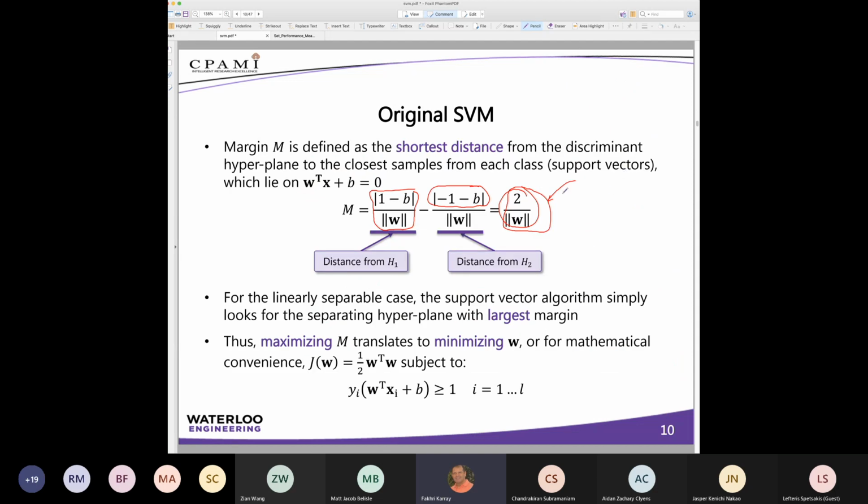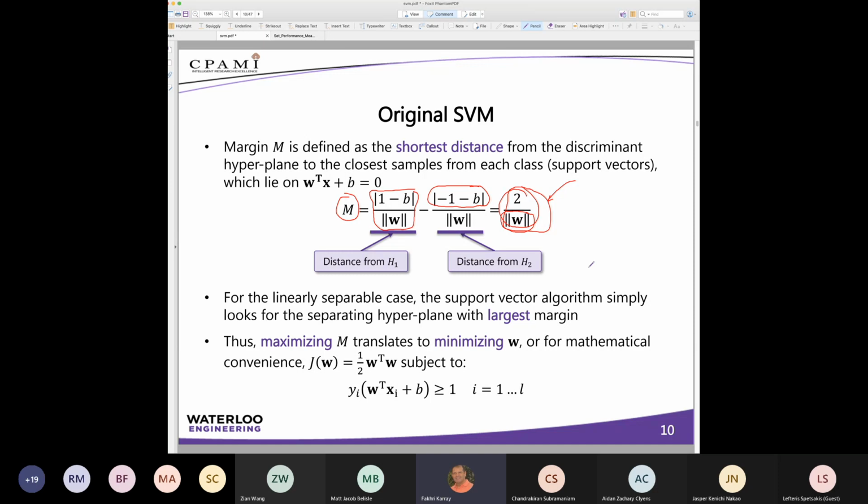So we would like to optimize. What do we mean by optimize? We would like to have this as the smallest possible. Why? Because if this is the smallest possible, then this is going to be the largest. Remember that we would like to expand that band between C1 and C2, between class 1 and class 2. So minimizing omega, maximizing M.